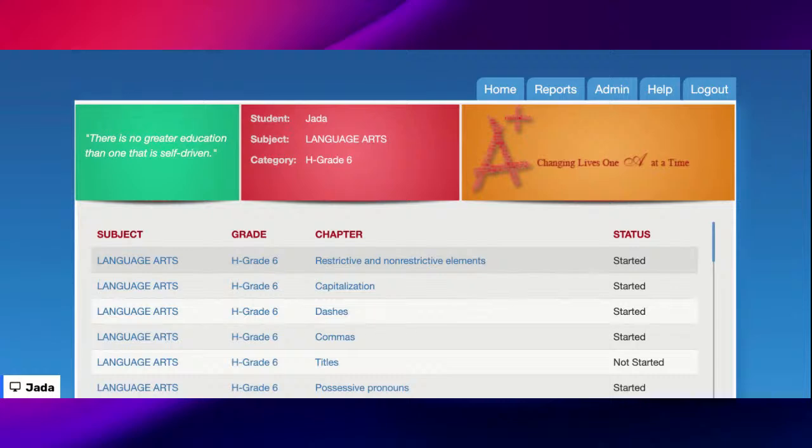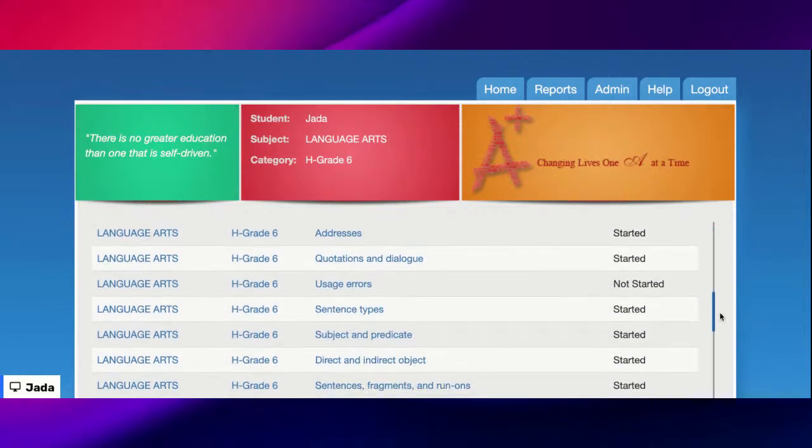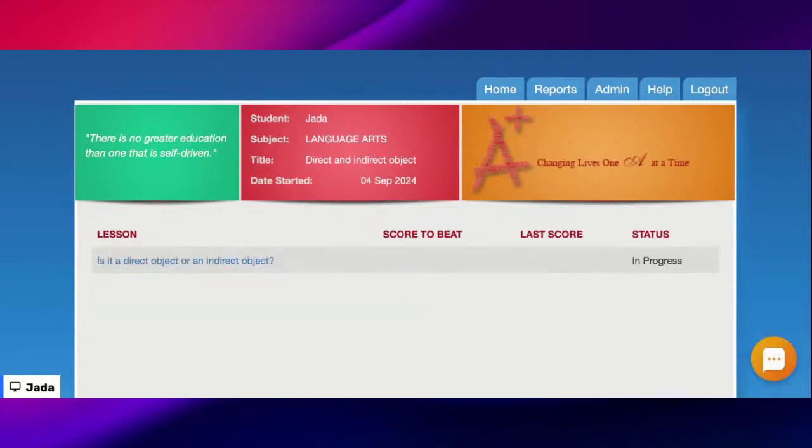Okay, hi guys. Okay, so we have, is it a direct object or an indirect object?